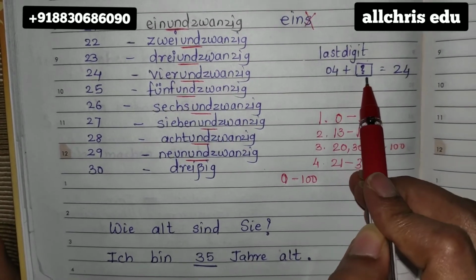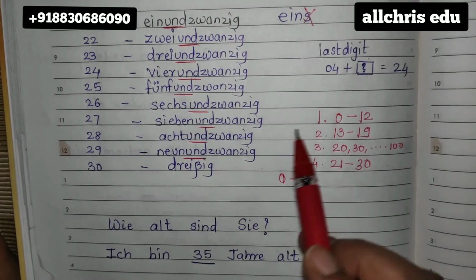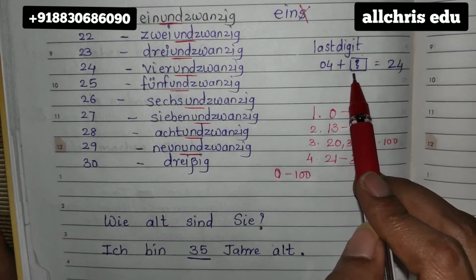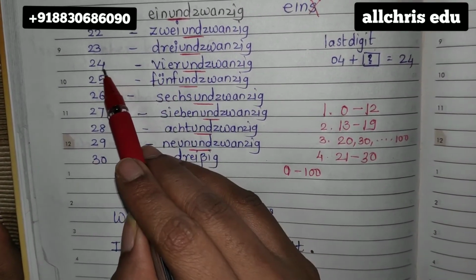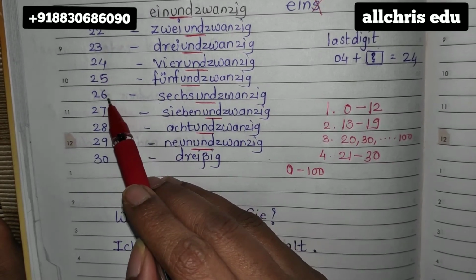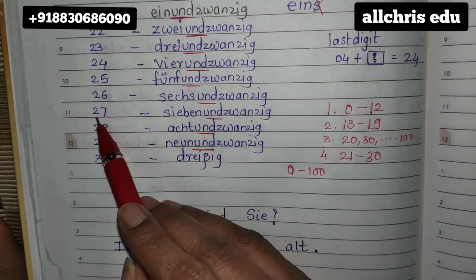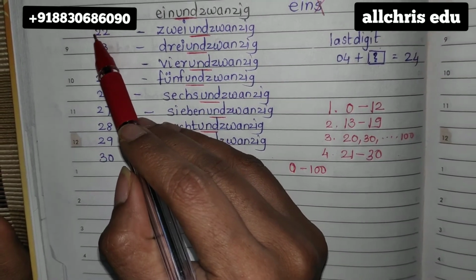How many should I add more to make it 24? 20, of course. So the third step is important to learn first. If you know 20, you can say 24. Vierundzwanzig. 24, 25, 26, 27, 28, 29.